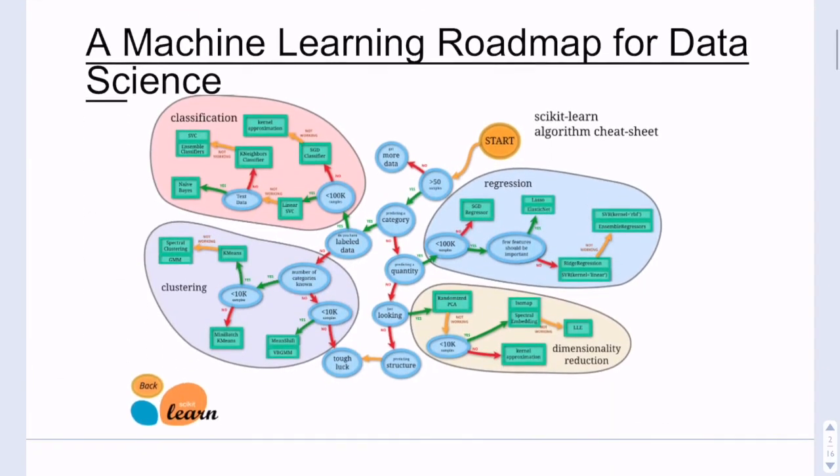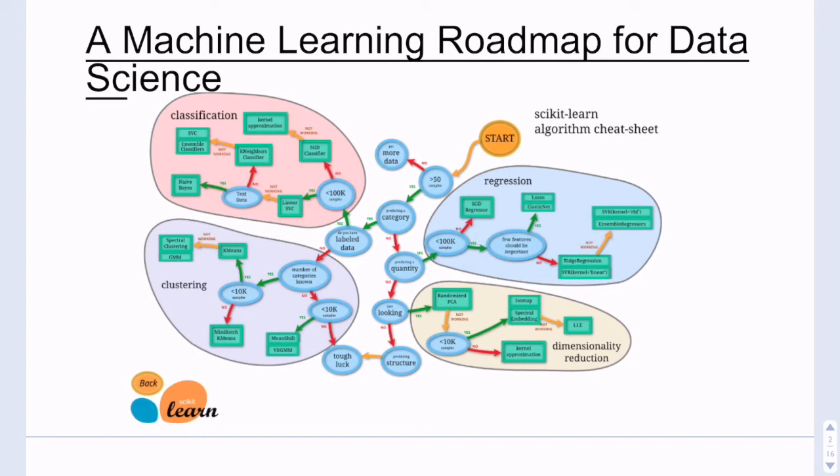If you want a big picture view of machine learning, this is a very nice diagram. Basically we are given some data and we assume that these data are pre-processed and ready for analysis. Then we follow a tree-like structure to decide what kind of method or algorithm we should apply to our data. We start by just having our data.